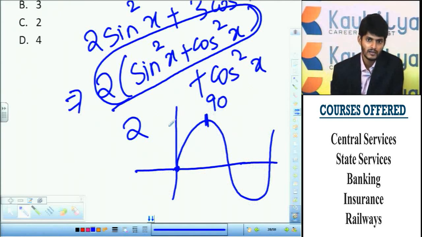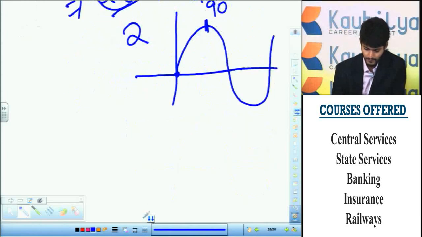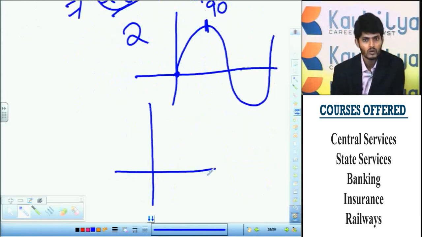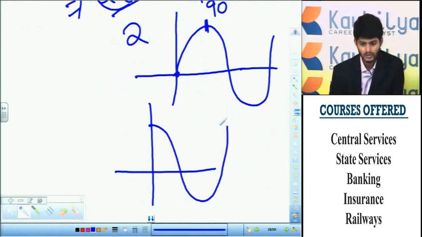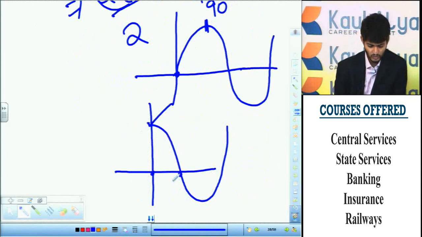That means if I want to draw cos square theta, it would be something like this. So at 0 it is maximum and at 90 it is minimum. That is how the cos square theta graph looks like.